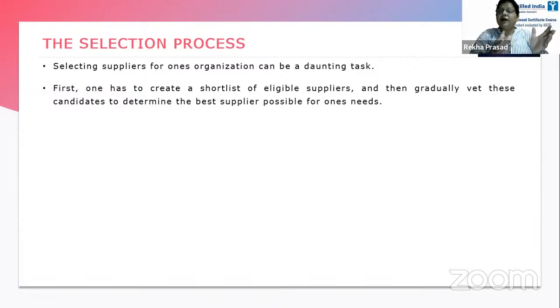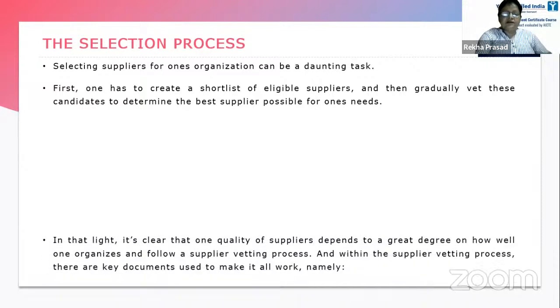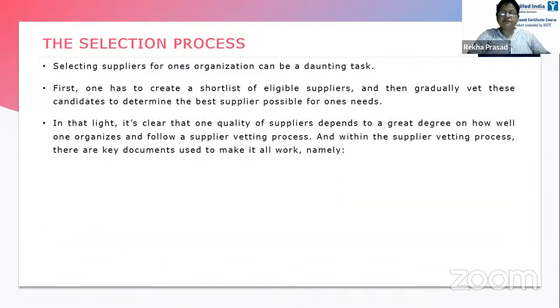So you have to first find eligible suppliers, then from there also you shortlist and find out who are good enough for your organization. So naturally it depends upon the vetting process, how well you are mapping the qualities which you want with the suppliers.